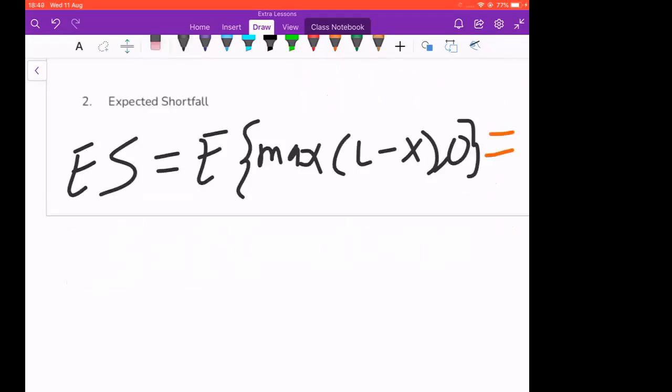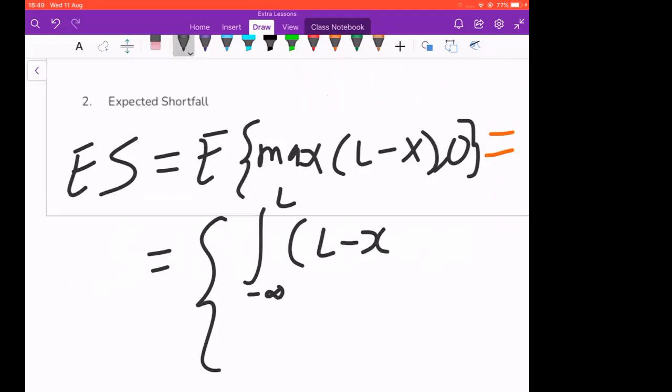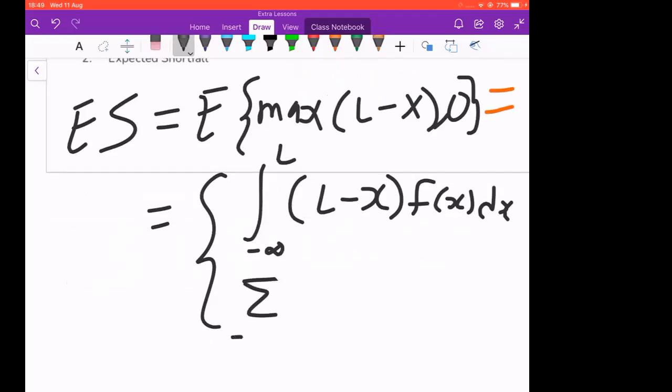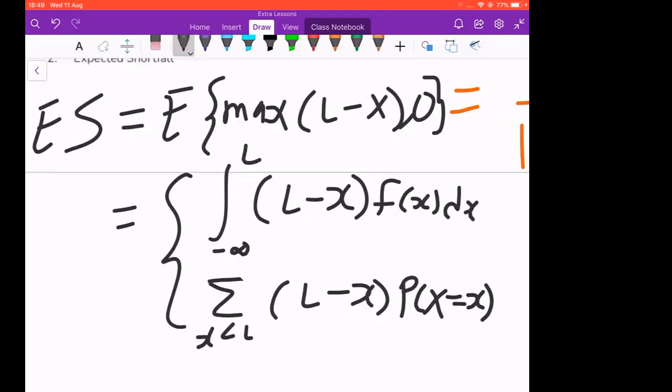For this group, it's going to be the integral from negative infinity to L of L minus X times f of X dx. Or for discrete, you will have the sum where X is less than L, of L minus X times the probability that capital X equals x. So this is how you define your expected shortfall, right?